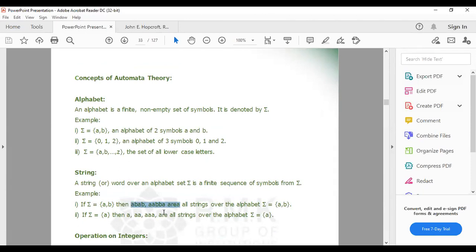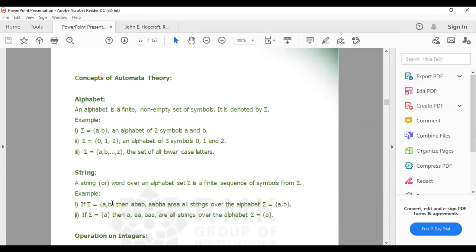Otherwise, we can use any possible combination of A and B only, like A B B A B A B A B. Anything it may be, based on the input we can derive some strings.